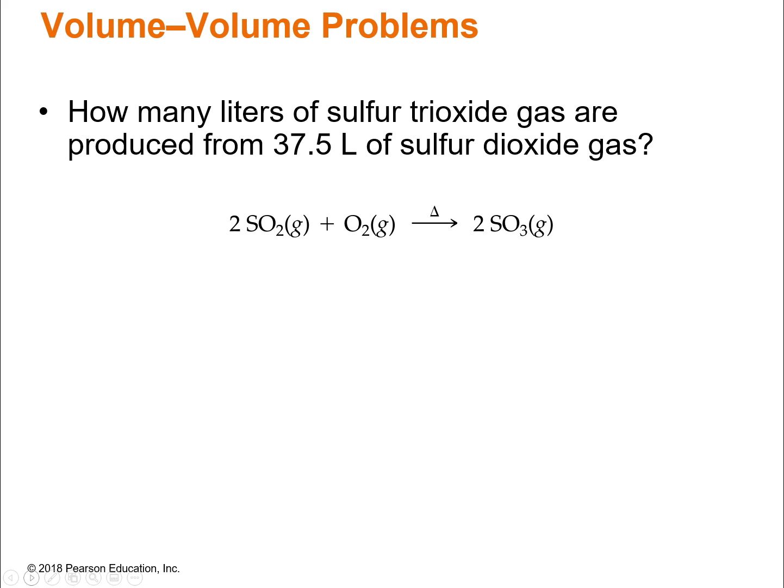Then let's try it. How many liters of sulfur trioxide gas are produced from 37.5 liters of sulfur dioxide gas? I'll help you get set up.